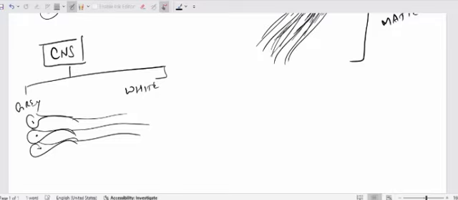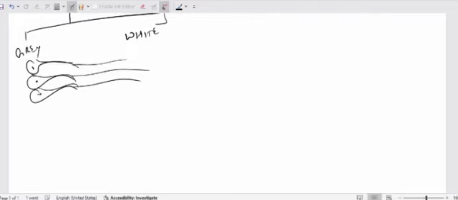Now I will draw a very simple side structure of the brain. Just see that kind of schematic diagram.